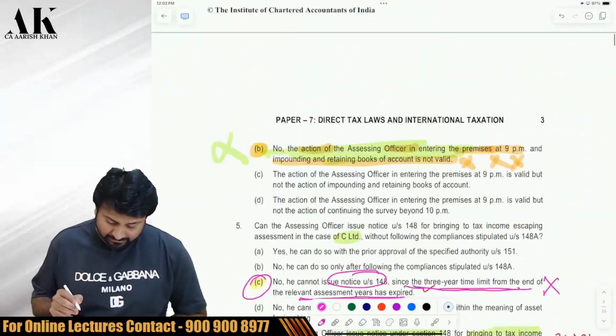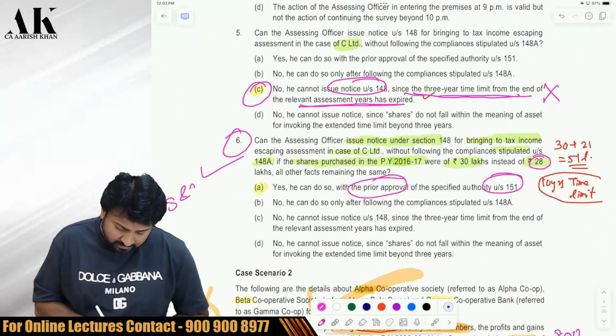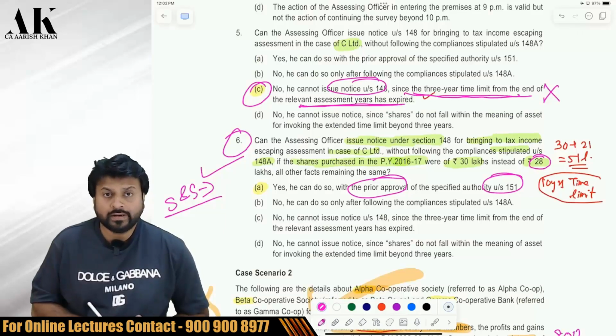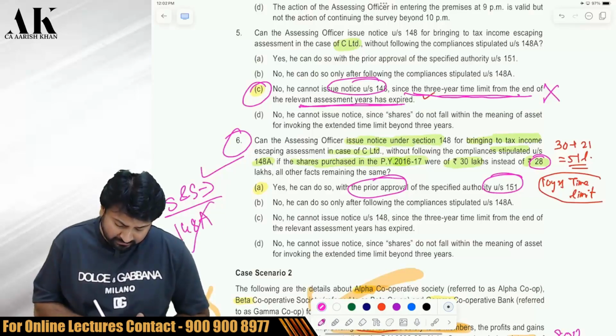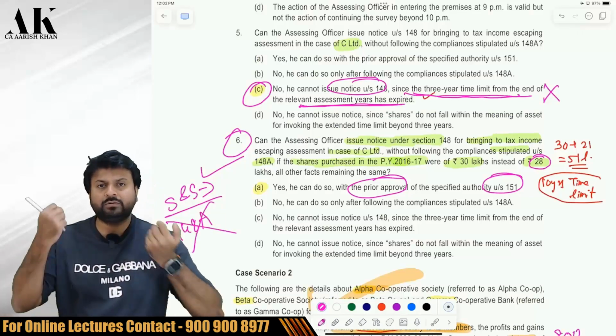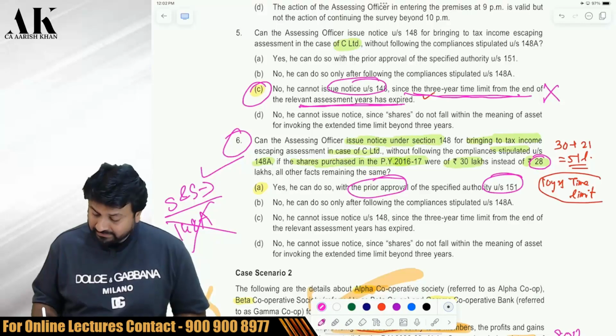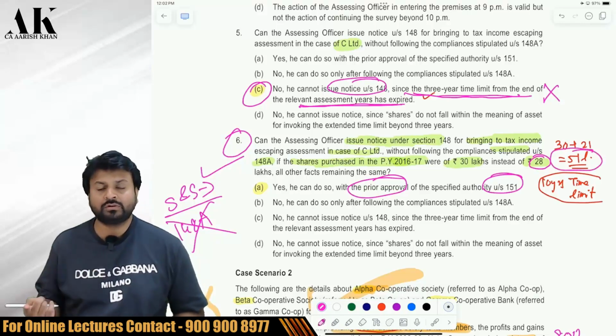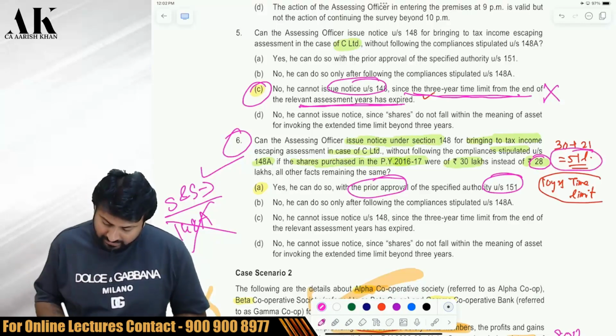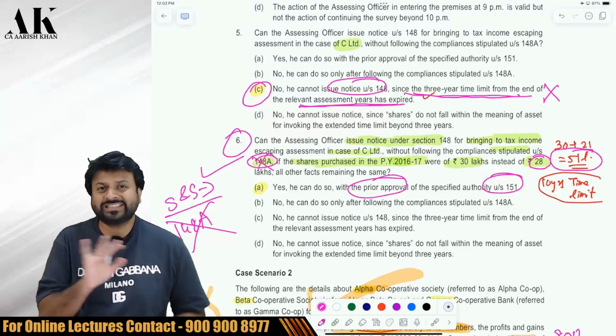And in this case, remember, in case of search and seizure, you don't have to follow the due procedures under 148A. Not allowed, not required. It is deemed to be followed. Therefore, in this case, the AO can issue notice beyond 3 years because the aggregate income escaped is 50 lakhs or more. There is no need to take specific approval under 148A, not required.